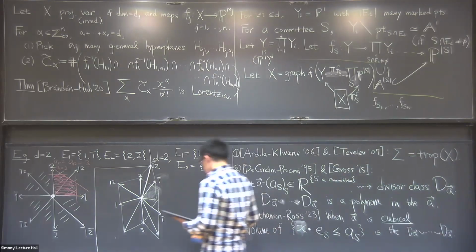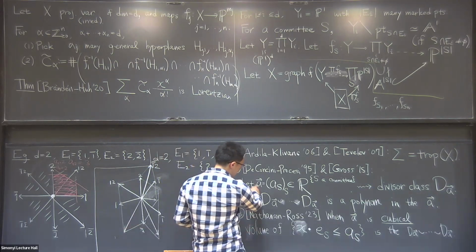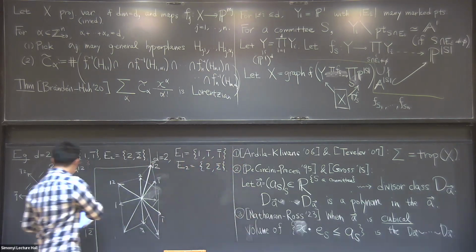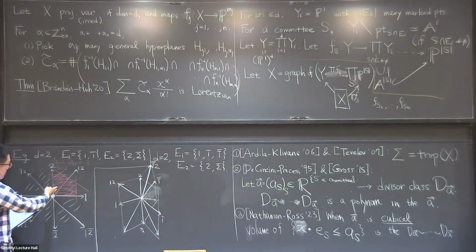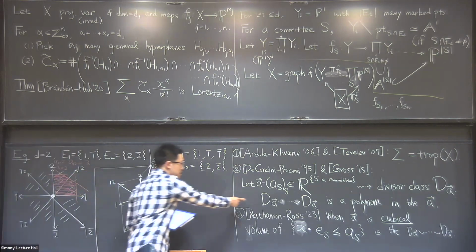So the upshot is that for some nice choices of A, I can picture some polyhedral complex, and with the appropriate notion of volume, that gives me this number.